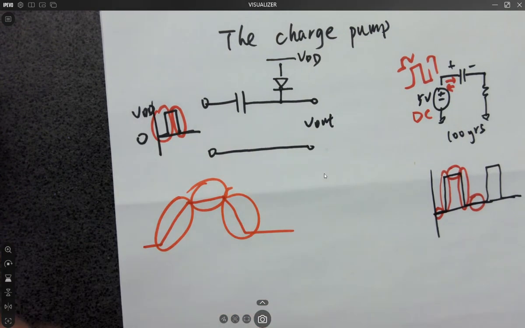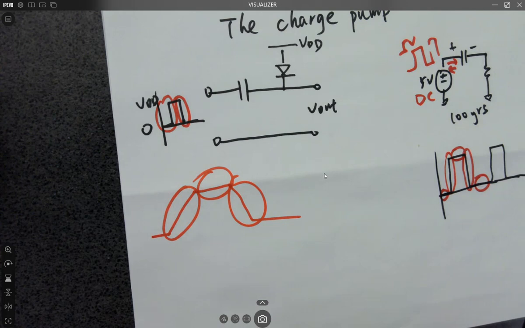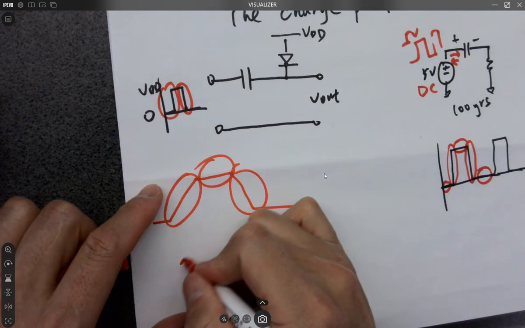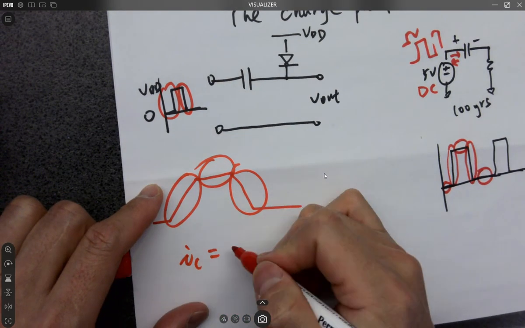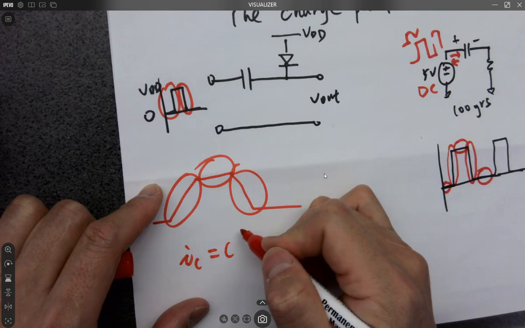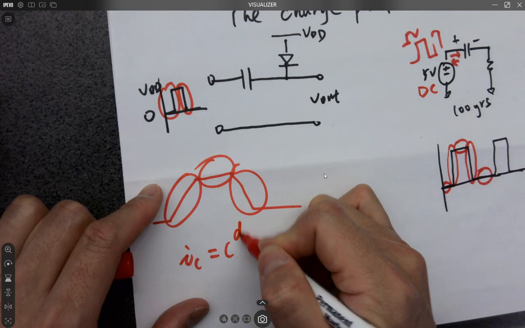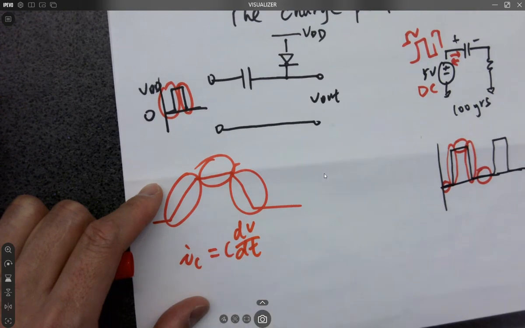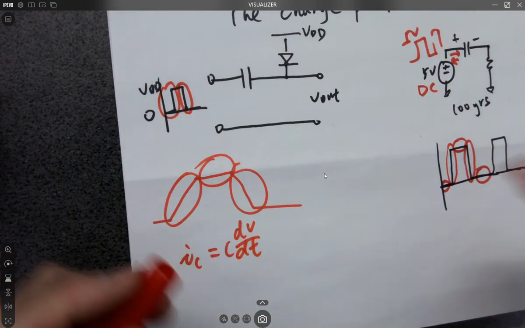Okay, it's changing. Whenever it changes, remember the equation for the capacitor's current is IC equals what? C dV/dt.